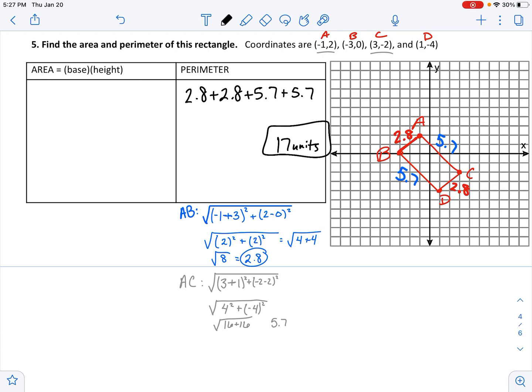The area, I gave you the formula there, is base times height, so 2.8 times 5.7 is 15.96 square units.